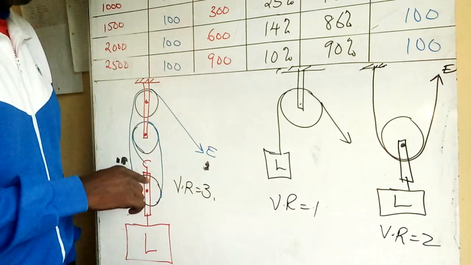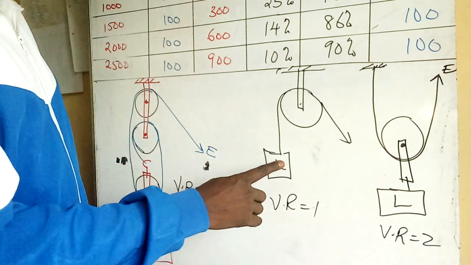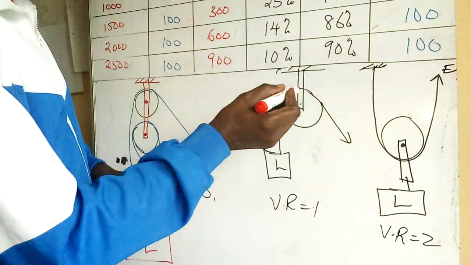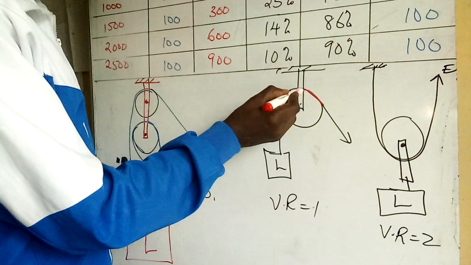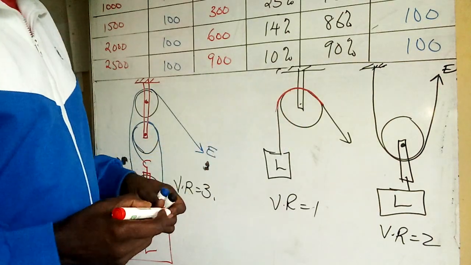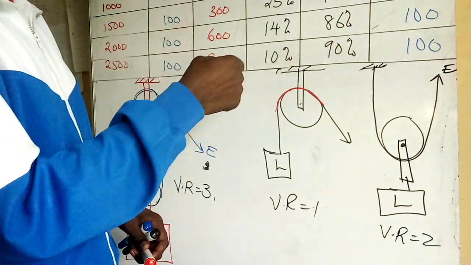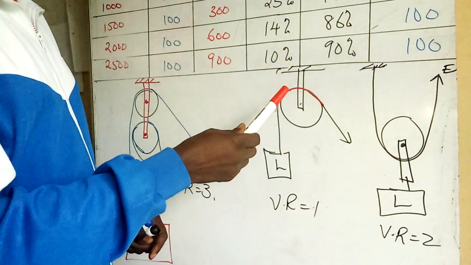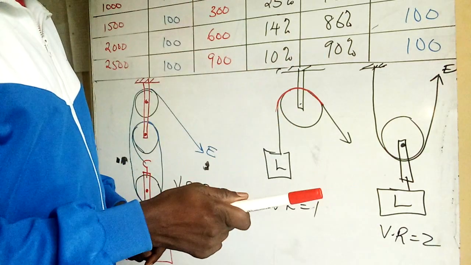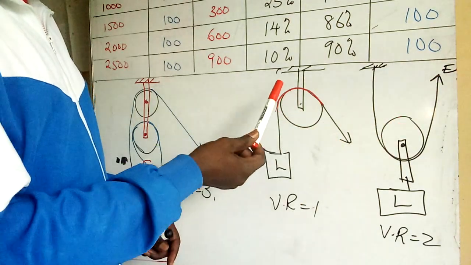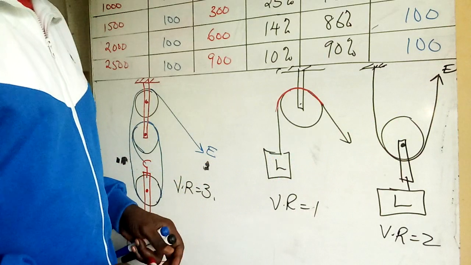and friction will operate. If we come here, you will find friction at this point, where the rope is going around the pulley. There will be friction, but this pulley does not move because it's a fixed pulley. One pulley can be fixed or can be movable: single fixed pulley, movable pulley.